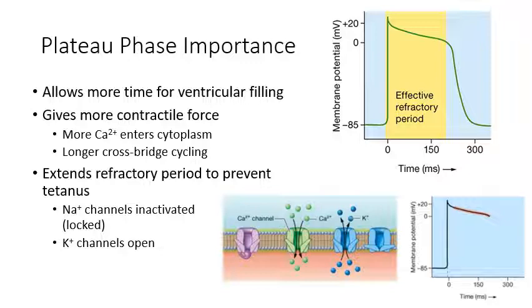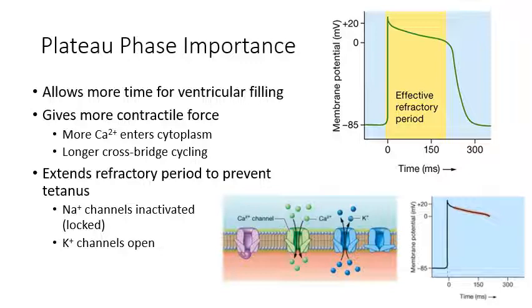As soon as the rapid depolarization phase of the action potential has been completed, you're going to have calcium starting to enter the cytoplasm of the cardiomyocyte. And when you have this long plateau phase, the calcium is going to continue entering the cytoplasm for that whole phase.